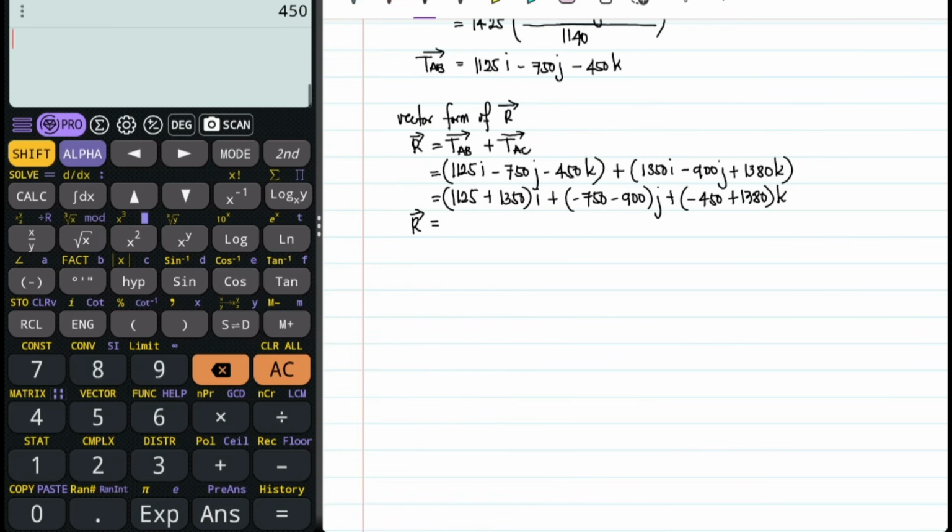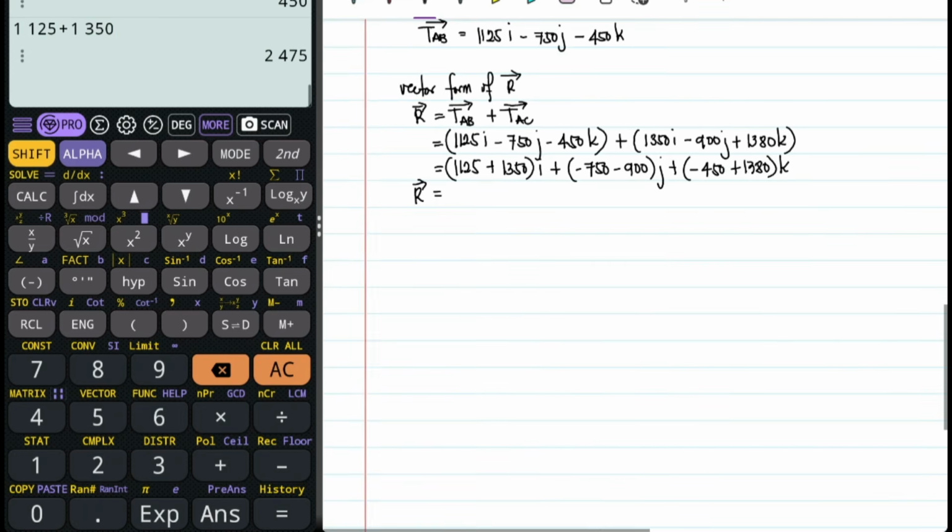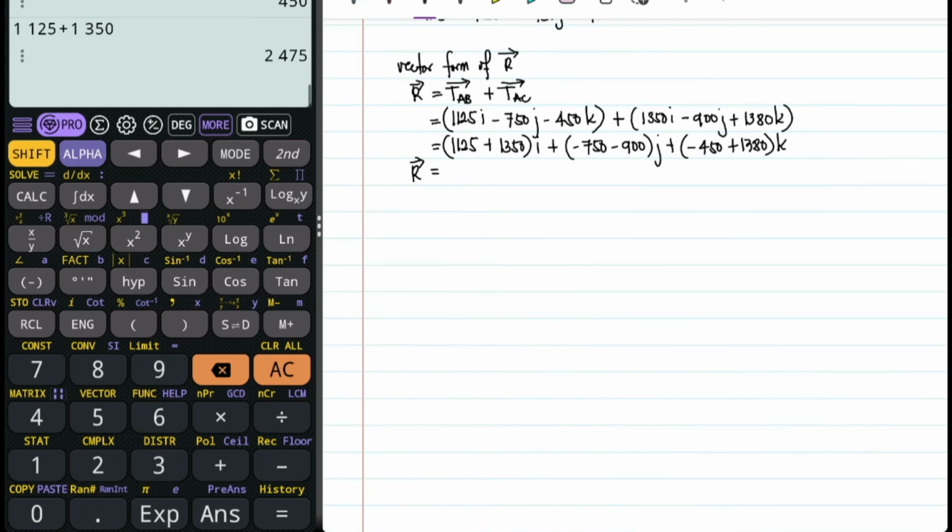Then we simplify. 1125 plus 1350 gives us 2475I. So we just have to copy that.